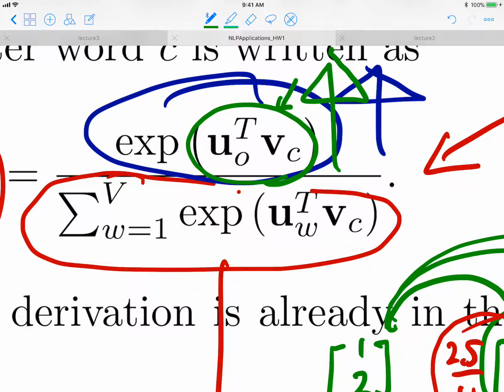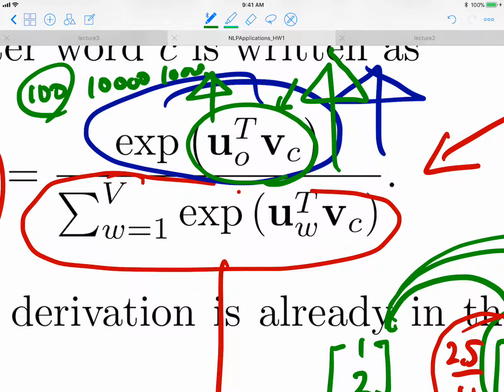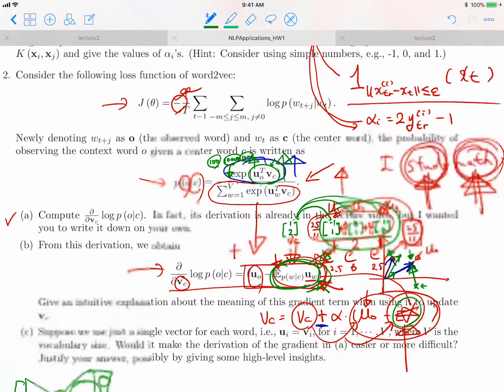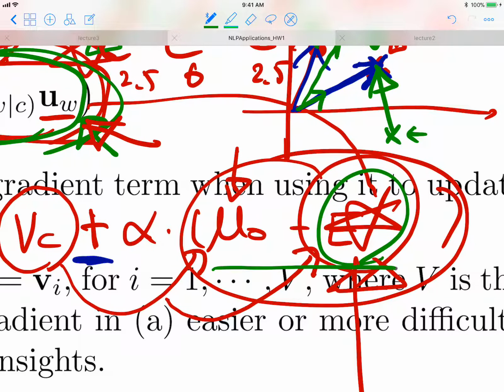It is all relative. Even if this is large, suppose it is 100, but the inner products with the other vectors are maybe 1,000 and maybe 10,000, then this one will have a relatively small probability. So those other values overall should be smaller. That relative notion of the softmax is also related to this.